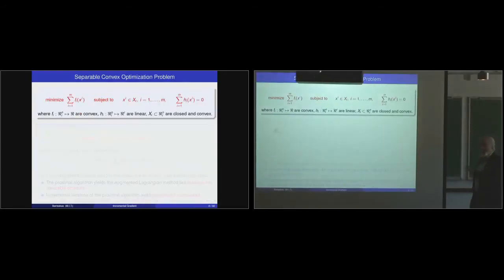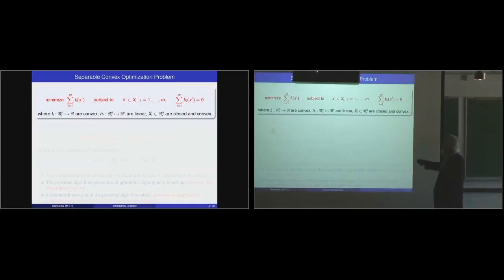Now let me bring up another problem, which is important in the context of this talk. It's a classical problem in constraint optimization that involves separability and decomposition. It's a classical resource allocation problem where the optimization vector has components x1, x2, up to xm. Okay, so x is equal to x1 up to xm.